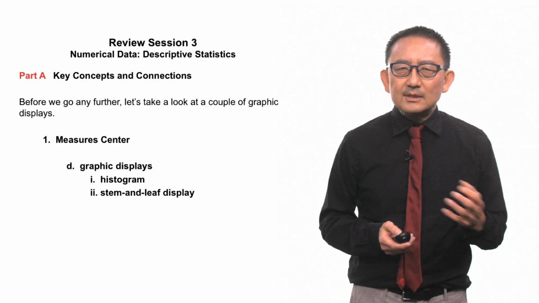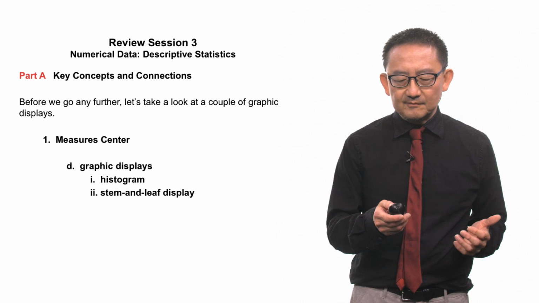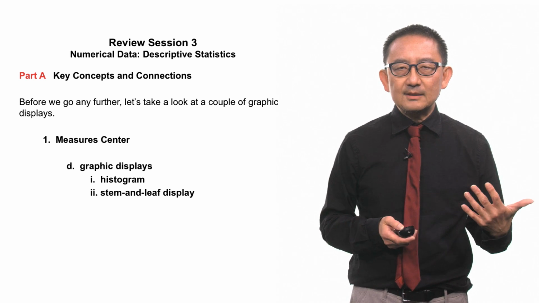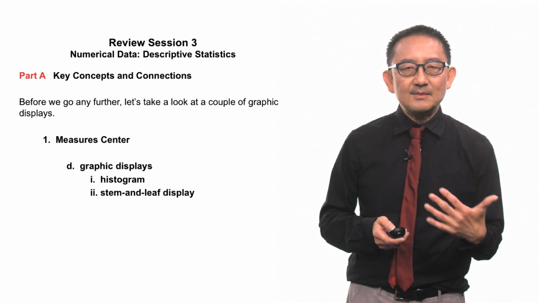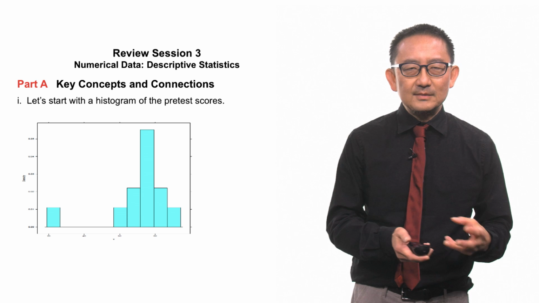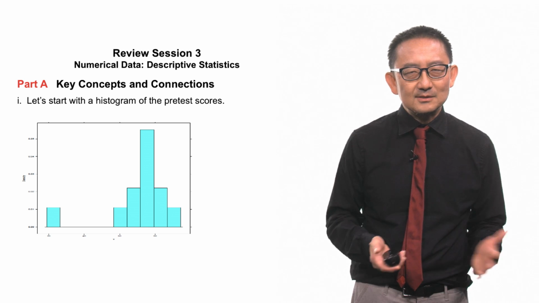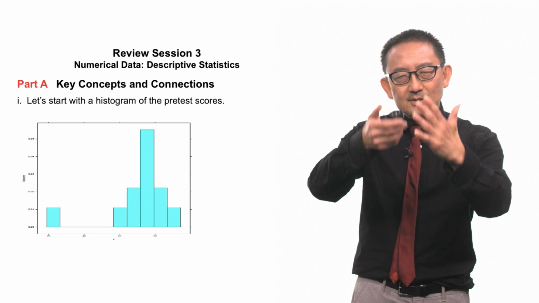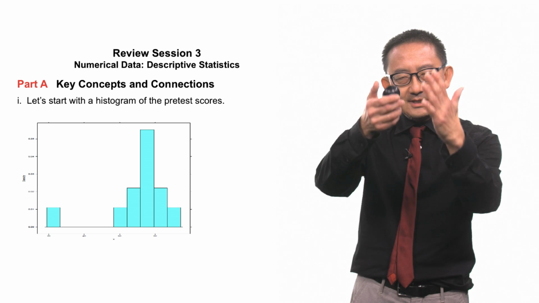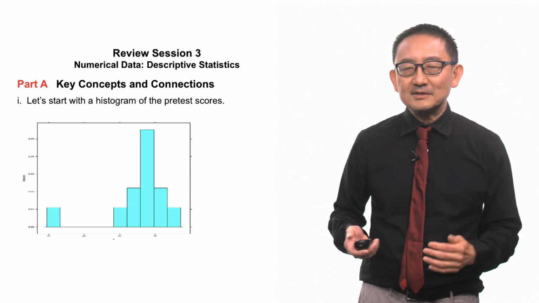So before we go any further, let's take a look at some graphic displays of measures of center. We'll look at the histogram and stem and leaf display. Now here's a histogram. This pretty much sheds light on how the distribution is. Look to the right. That part of the distribution we would call symmetric, pretty impressively symmetric.